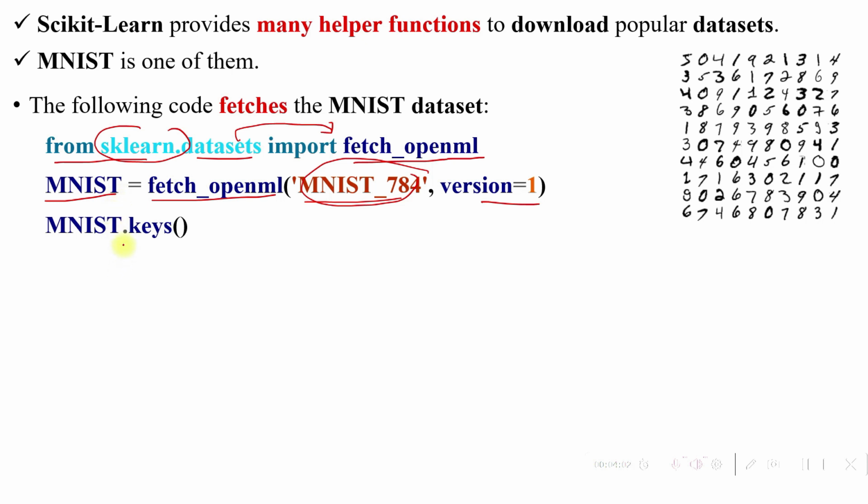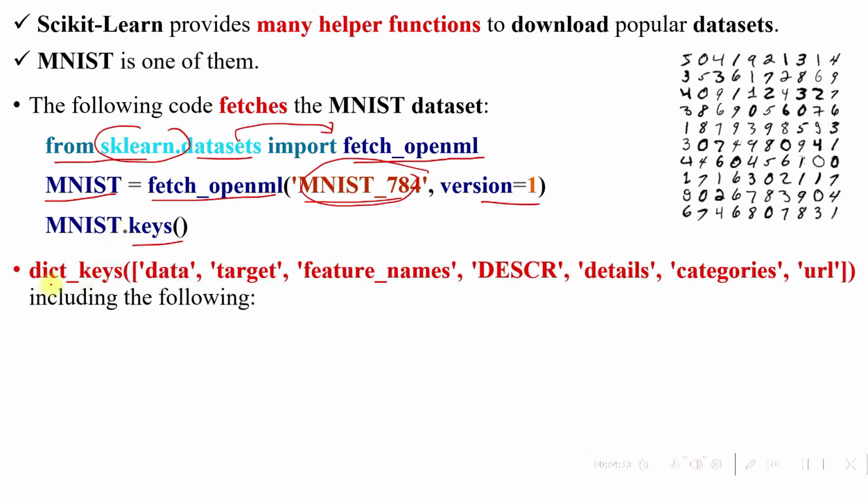And we are going to see what the different keys in the MNIST dataset are. For that, mnist.keys(). If you enter that, it shows the keys of the dictionary, like data, target, feature names, DESCR, details, categories, URL.